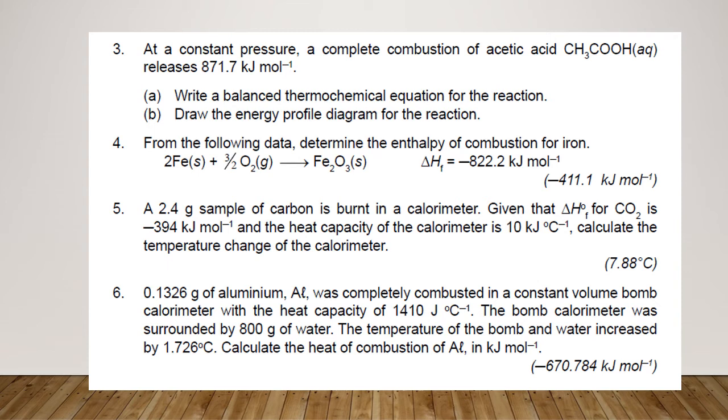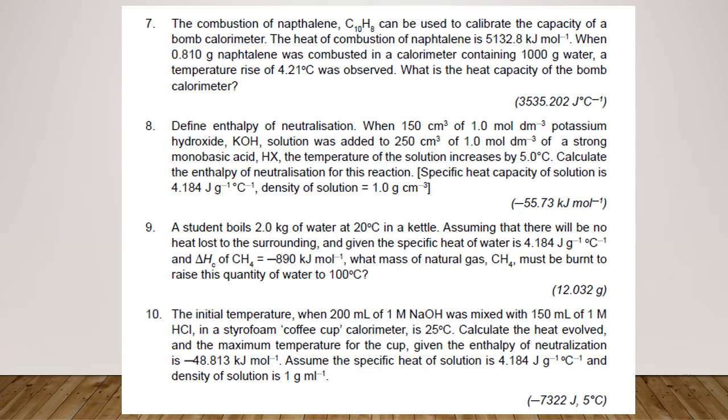For number 5, you need to find the delta T. And then for number 3 and 4, you can even answer after you have finished watching the first video of the semester. Here are more questions. So I give to you up until number 10 only so far.